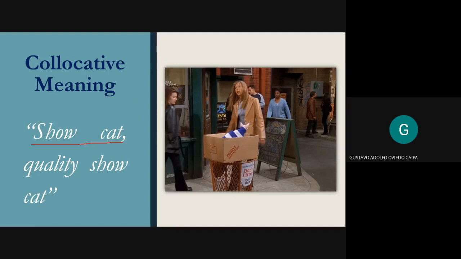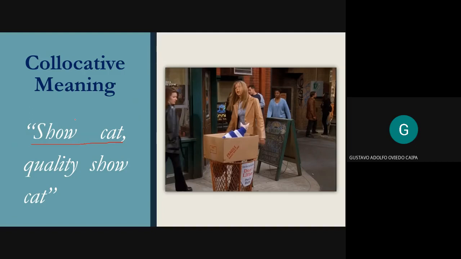In this collocative meaning, the word cat and the word show are going to acquire different meanings in the presence of one another. Show cat, in this case, and I'm going to analyze show, doesn't have anything to do with the general meaning of showing, right? Because if you read show cat, what is a show cat? A cat that you can show? Is that it? Well, no, it's a little bit more specific than that.